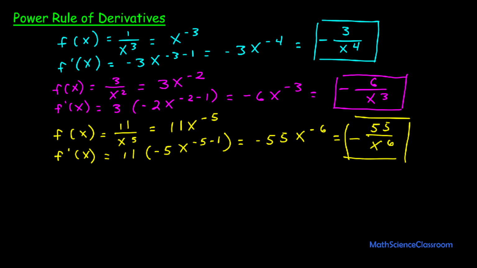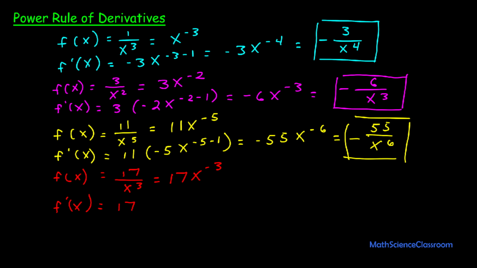And then one more. So f of x equals 17 over x cubed equals 17x to the negative third. Apply the constant multiple rule. f prime of x equals 17.